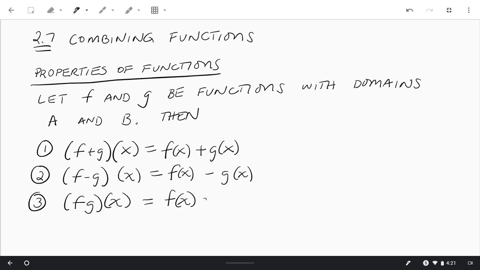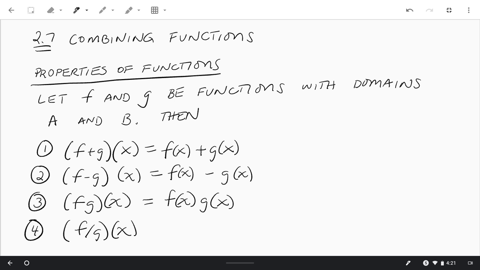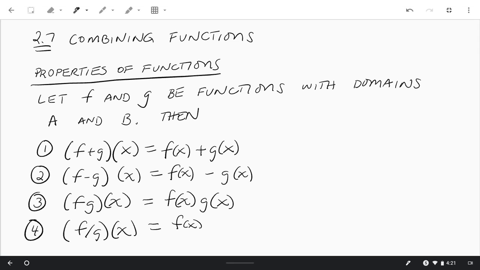And then the same thing with division. If you have f divided by g of x, you can divide the two functions first and then evaluate, or you can evaluate the f function, get an answer, evaluate the g function, and then divide.